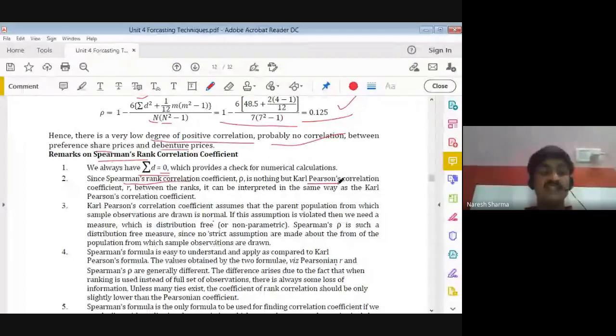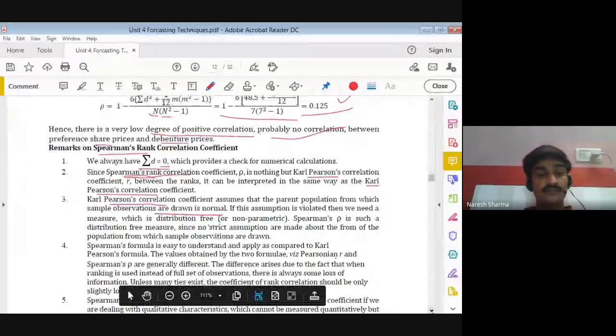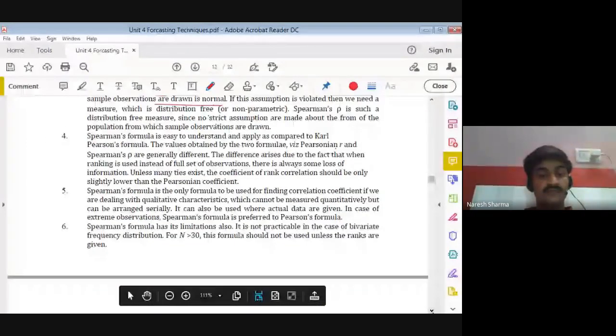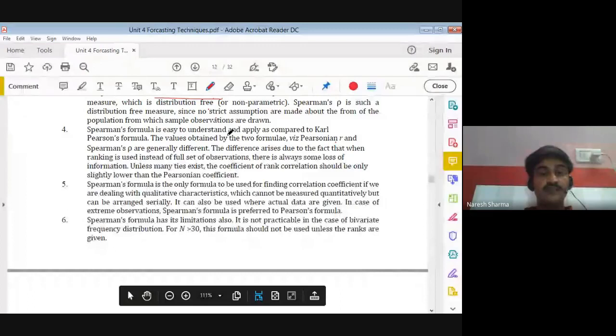But Spearman is easy to calculate as compared to the Pearson correlation coefficient, right? And we apply Pearson on the actual data given to us, but we apply Spearman on ranks only, right? So it is easy to apply.